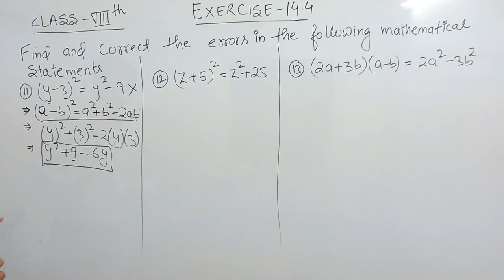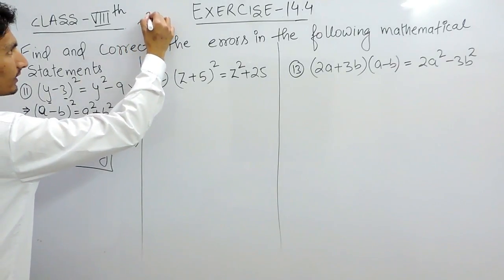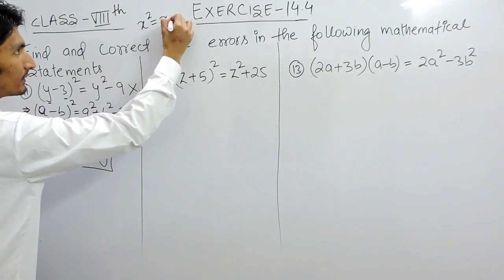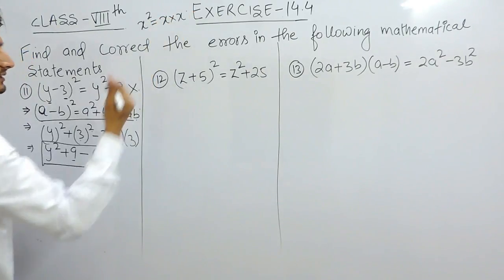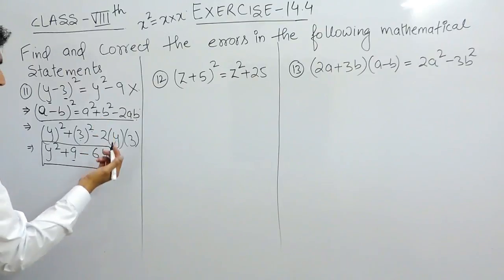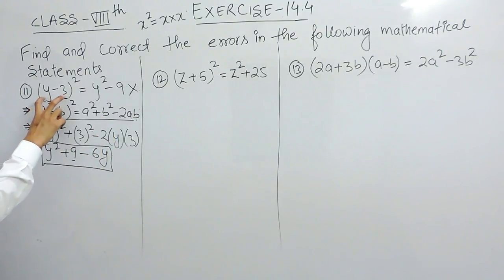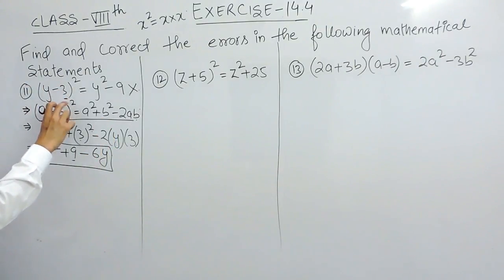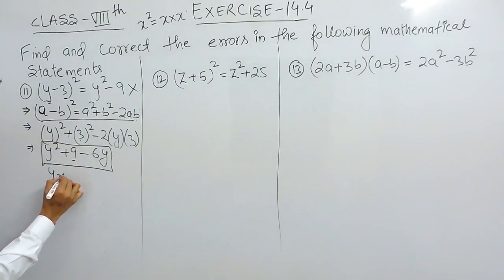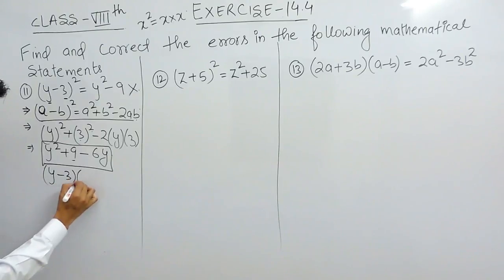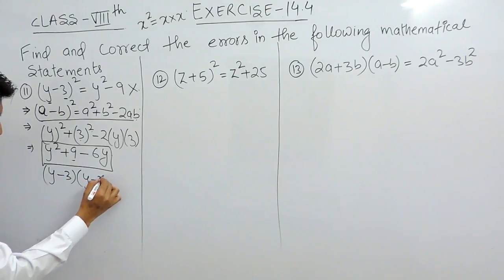Now let me explain why it is so. We know that x square basically means x multiplied with x. Similarly, (y minus 3) whole square means (y minus 3) multiplied with (y minus 3).